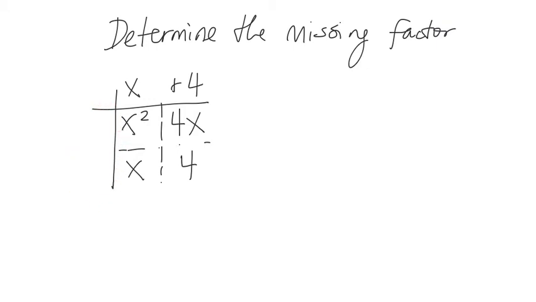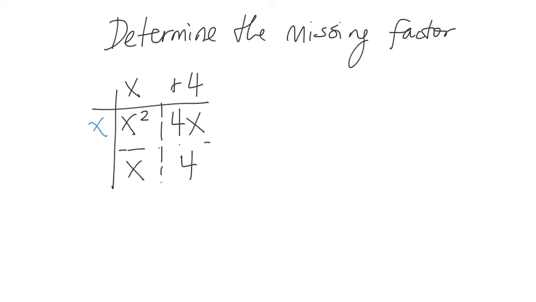We need to apply a little bit of logic to figure out what term should go here and here so as to produce all the different things in the boxes. First, I already know that I have x here, and x multiplied by something gives me x squared. Well, the something has to be x, because x times x is x squared.